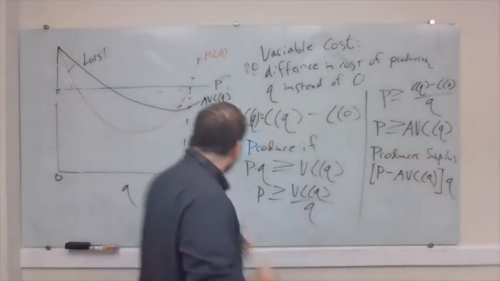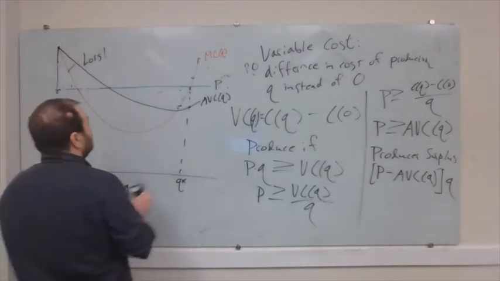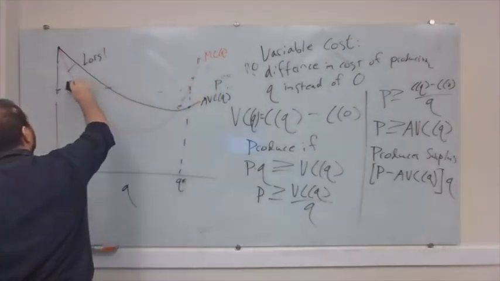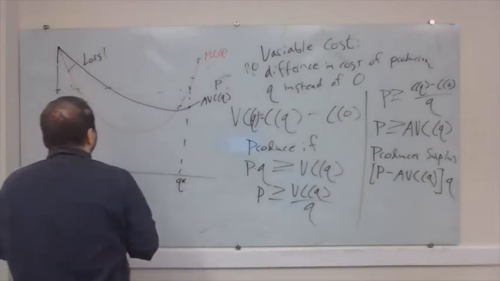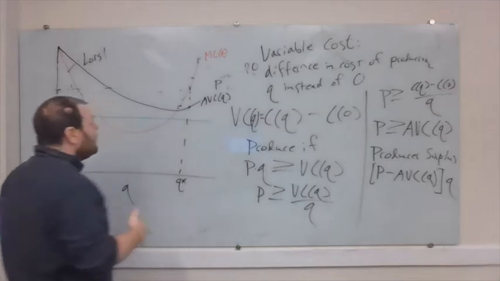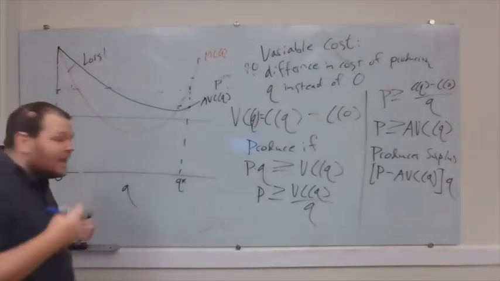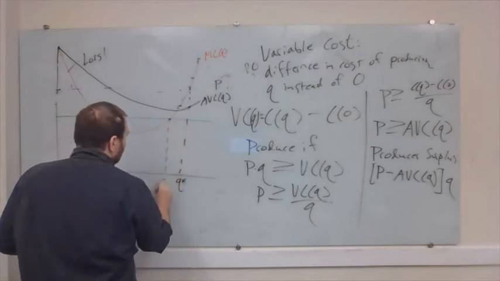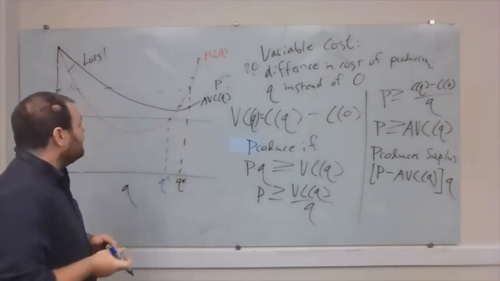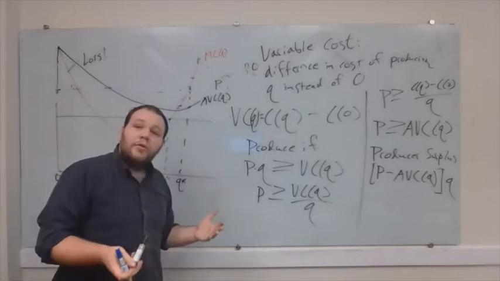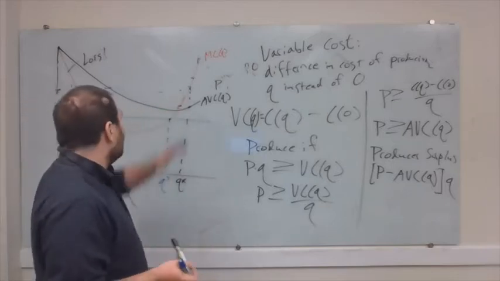It's going to be worth it for us to produce Q units of output. But if our price was lower, let's say our price was here, we wouldn't come to that conclusion. In this case, if we were going to produce at all, we'd produce here, Q prime, because that's where marginal cost equals price, and marginal cost is increasing.